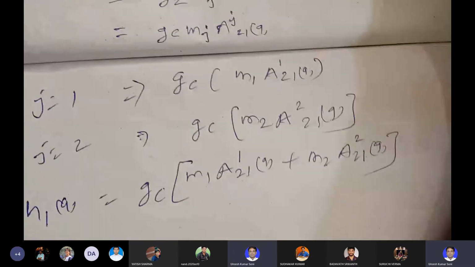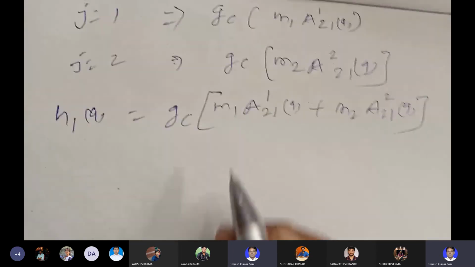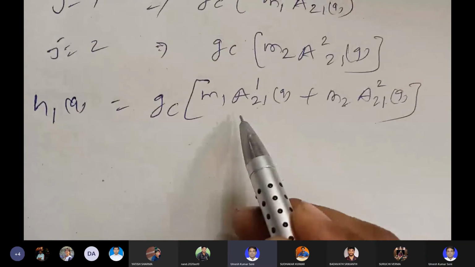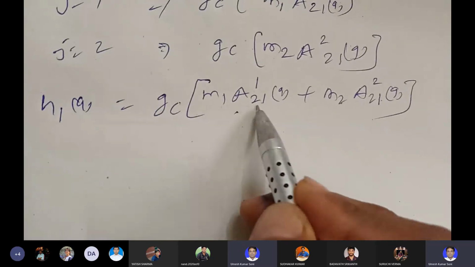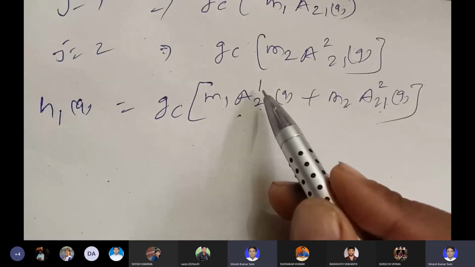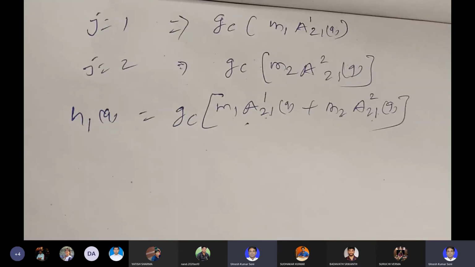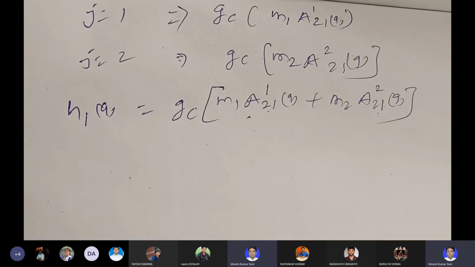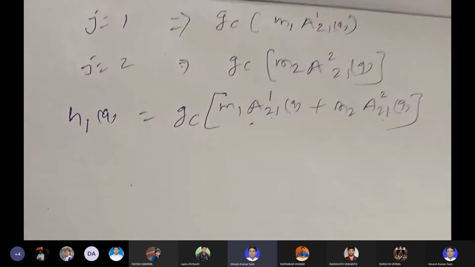Okay, now you have two terms here. Here A21, this is 1 and 2. Okay, so j equal to 1 and j equal to 2. Clear?